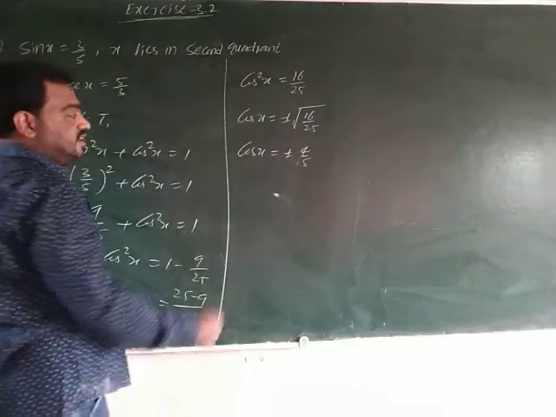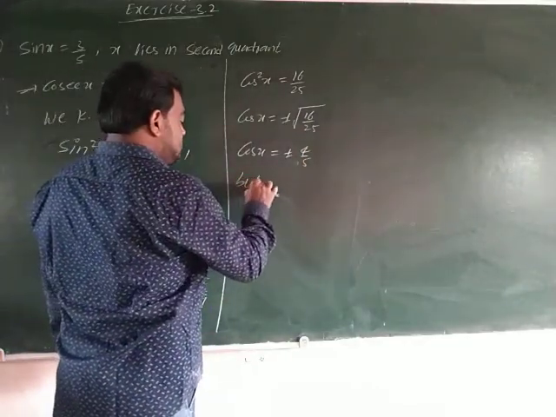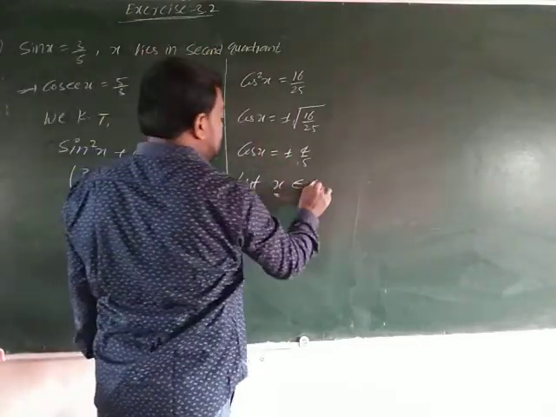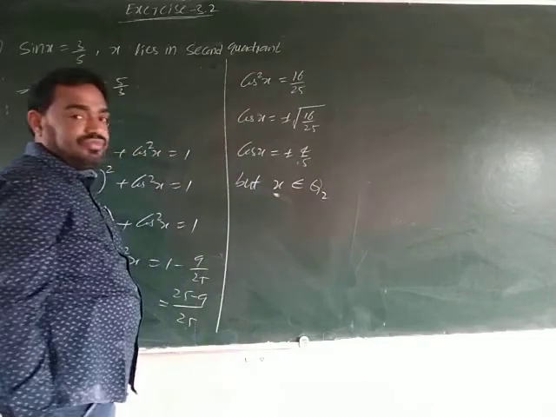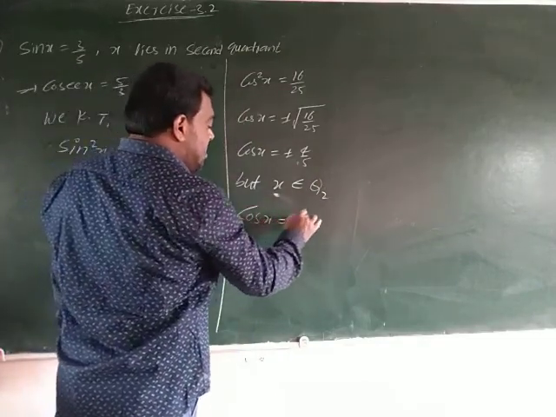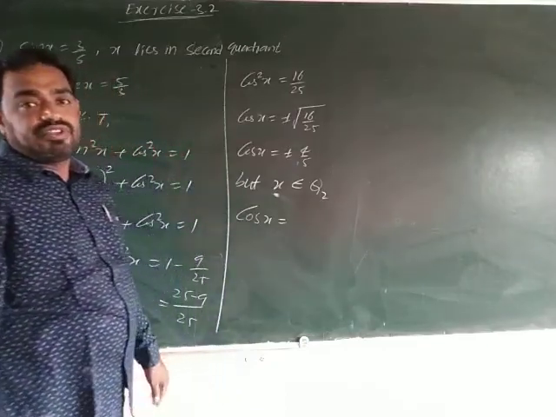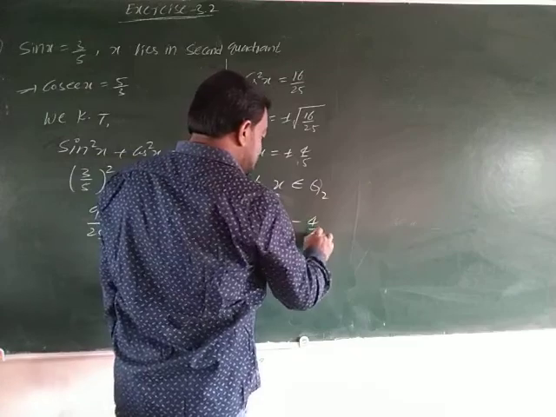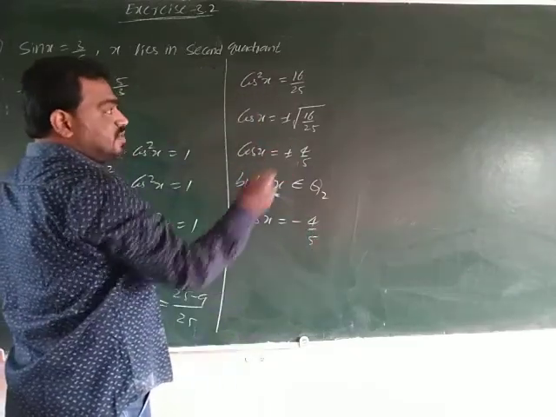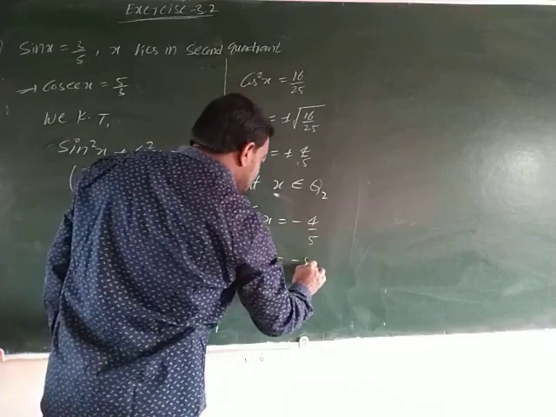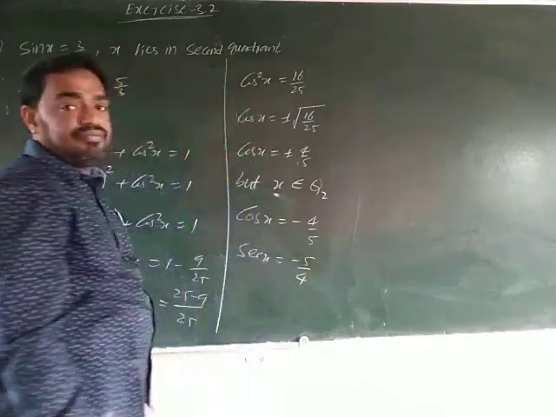But x belongs to which quadrant? x lies in the second quadrant. Therefore, in the second quadrant, is cos positive or negative? Cos x in the second quadrant is negative, so minus 4 by 5. Cos x is minus 4 by 5, then secant x is equal to minus 5 by 4.